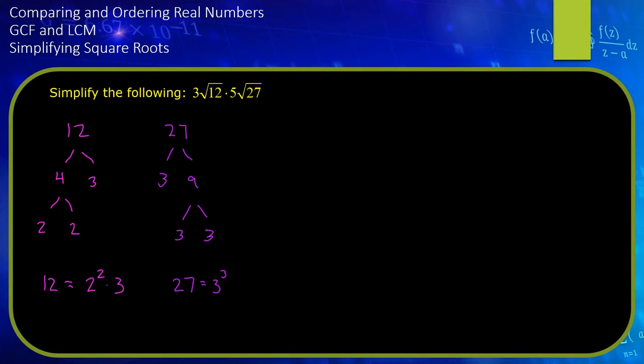So when I look at this, I can see that when I rearrange this and replace the numbers in the radicals with their prime factors, this could be rewritten as 3 times 5, those are the numbers that were outside the radicals, times the square root of 2 squared times 3, which is the 12, and the 3 cubed. The 2 squared is a perfect square.